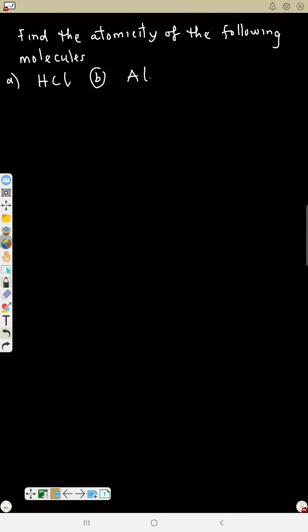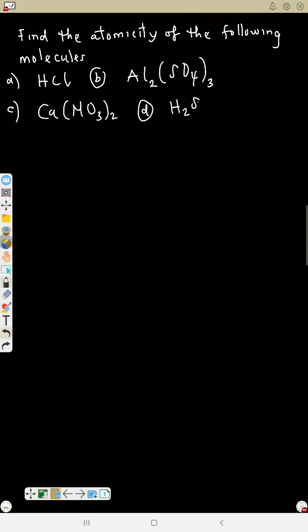B, Al2(SO4)3. We are still going to name all these chemical formulas. This one is hydrochloric acid, this one is aluminum sulfate. C, calcium nitrate, that is Ca(NO3)2. D, sulfuric acid, H2SO4. So you will know how to name all these later. For now, find the atomicity of the following molecules.